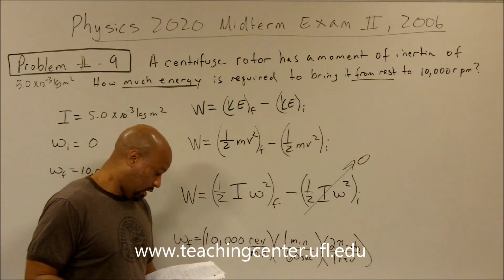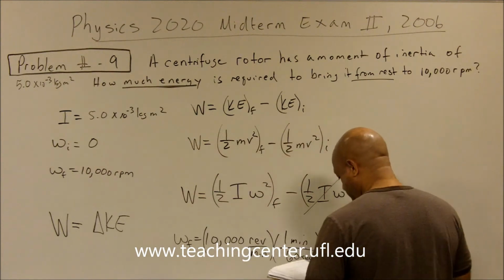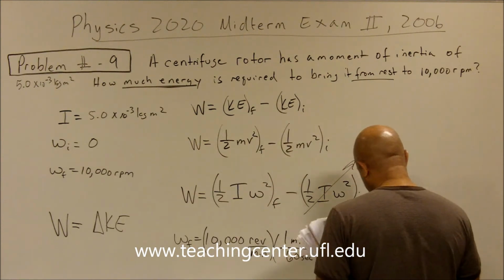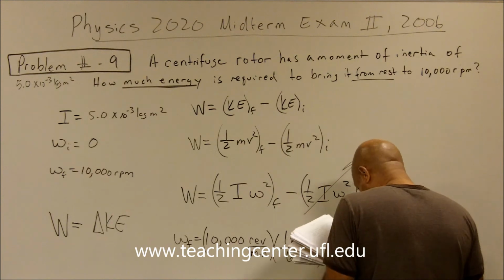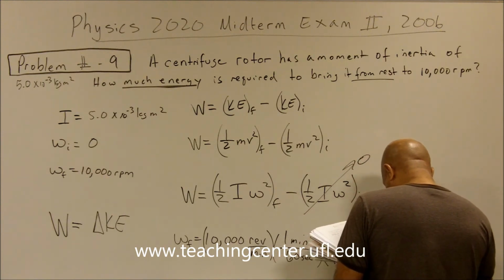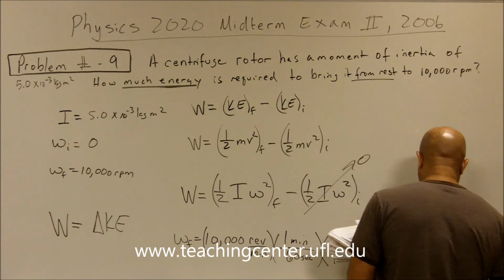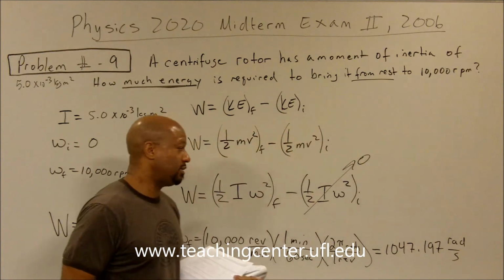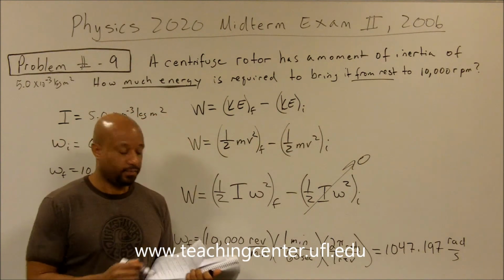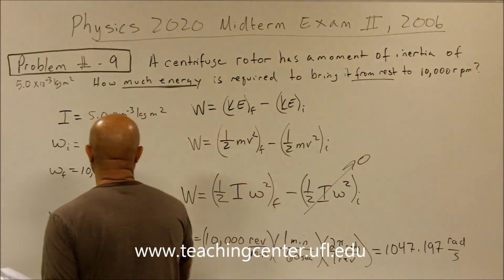Okay, and when we work this out, this means that our new angular velocity is going to be approximately 1,047.197 radians per second.